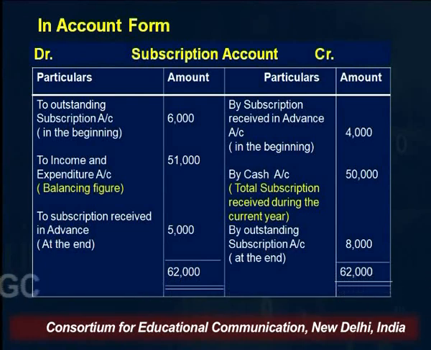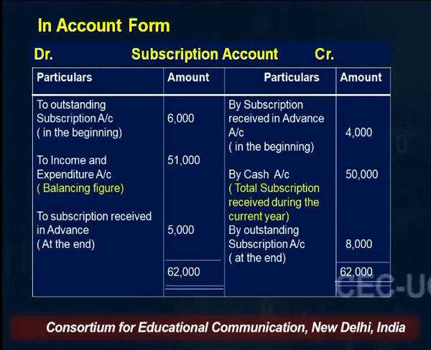So accordingly we have to make adjustments to get the amount which is to be shown on the credit side of the income and expenditure account. At the end, by outstanding subscription, the subscription income which is related with the current year but not received is shown on the credit side. On the debit side, the last item is subscription received in advance, any income which is related to the next year but received this year.